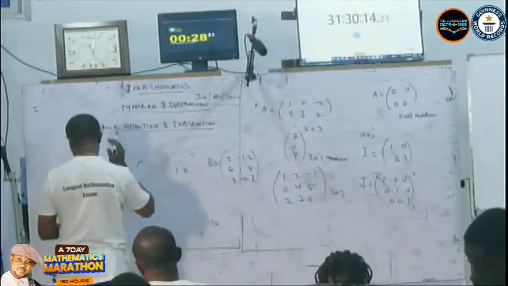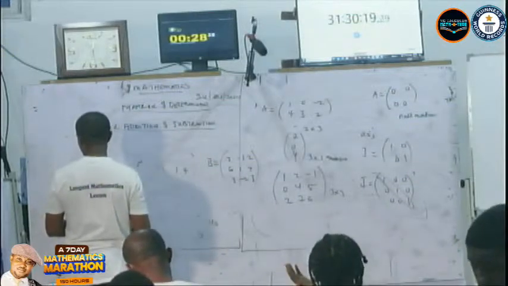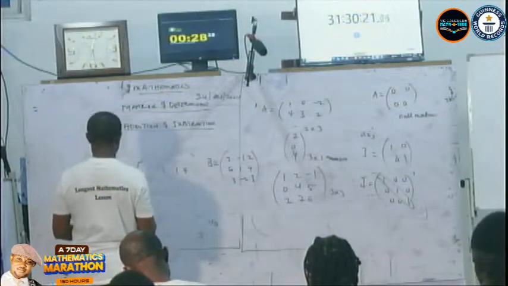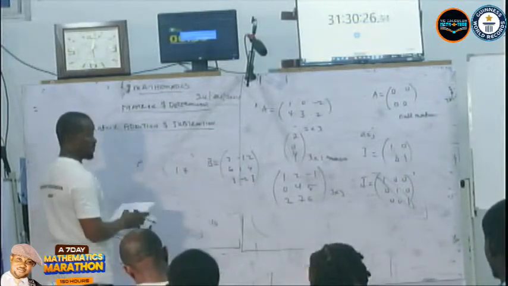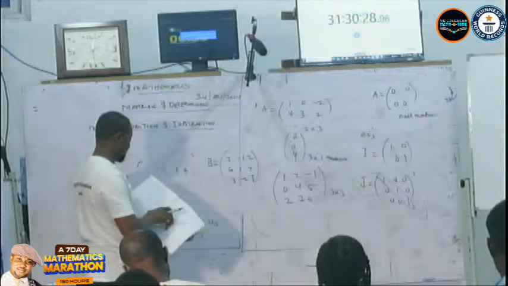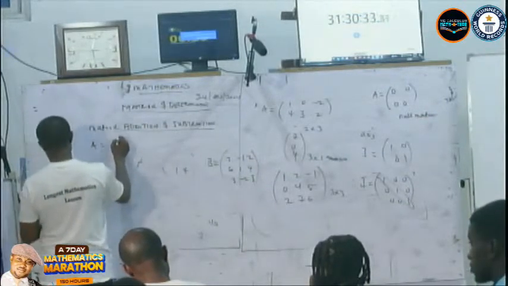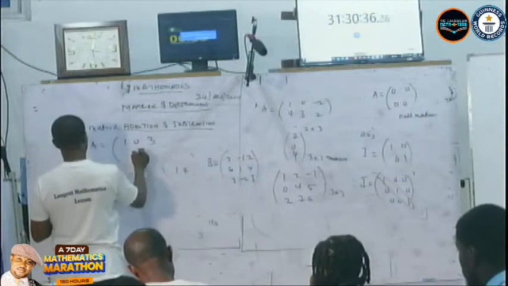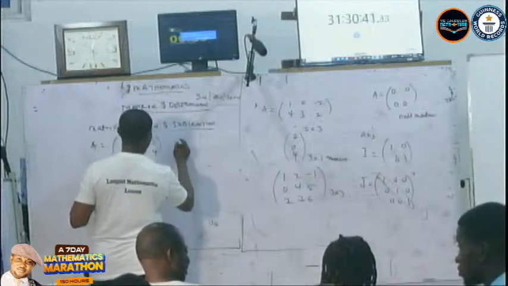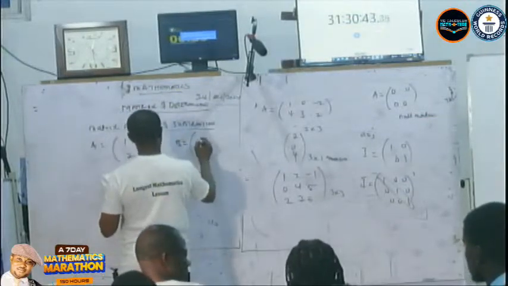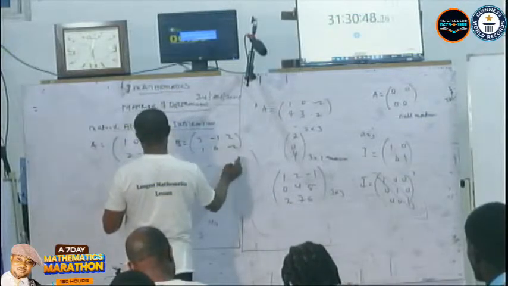So, if you have a matrix A, and also have a matrix B, matrix A equals 1, 0, 3, 2, minus 1, and 4. I also have matrix B, which equals 3, minus 1, 2, 1, 6, minus 2.